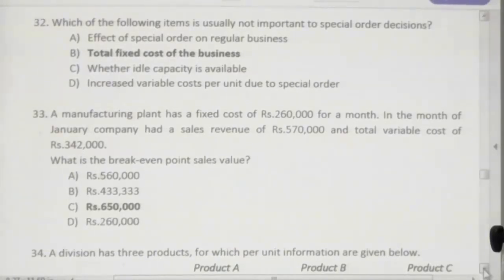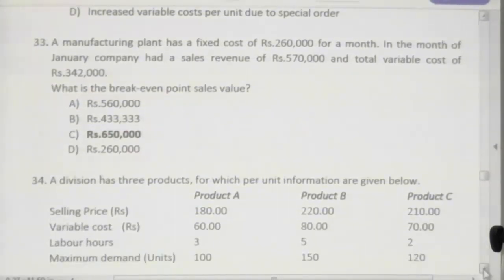It has to be considered. Increase in variable cost per unit, yes, it is very important. Sometimes a special order will have a separate variable cost compared to the existing production. Therefore, the answer is B. Fixed cost is not a relevant matter when you are accepting a special order.